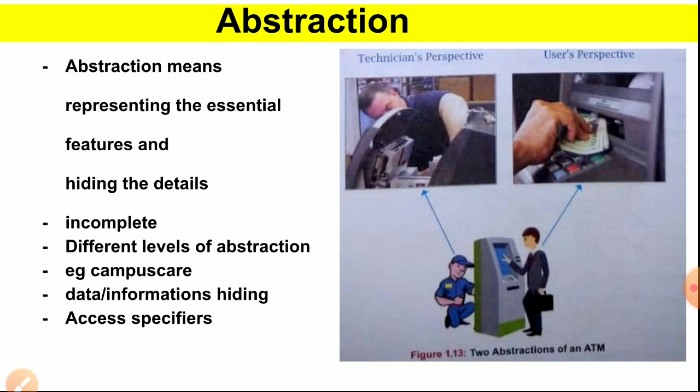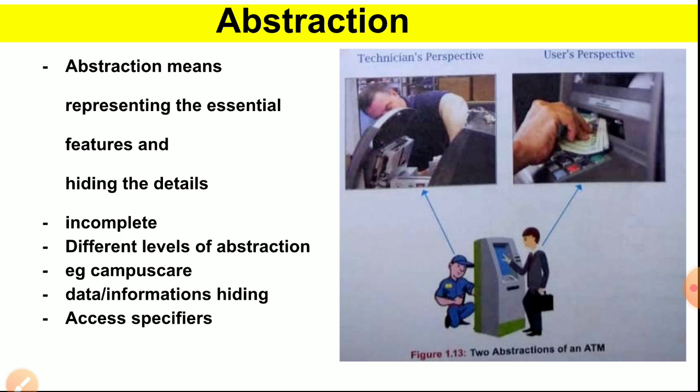Otherwise, the technician won't be able to fix the problem. So technician's level of abstraction is different from your level of abstraction. This is what is meant by different level of abstraction for the same object.